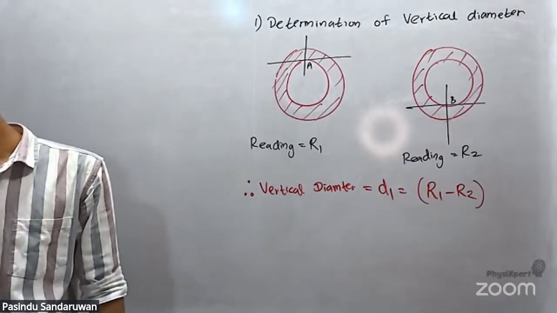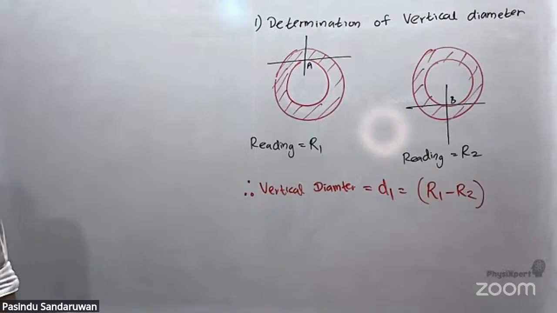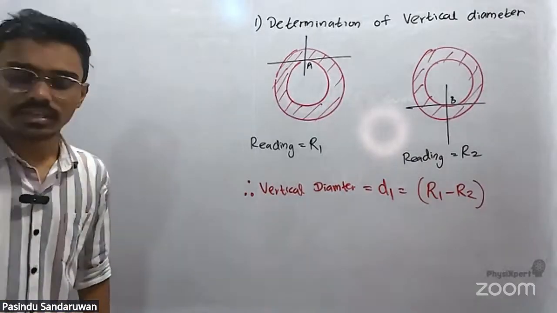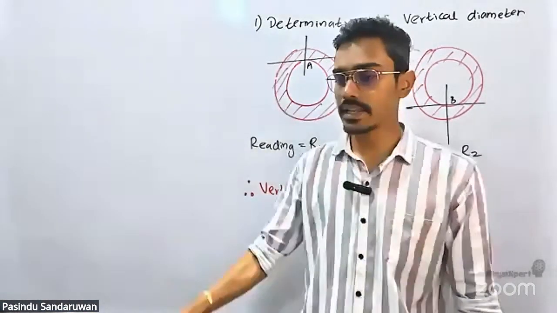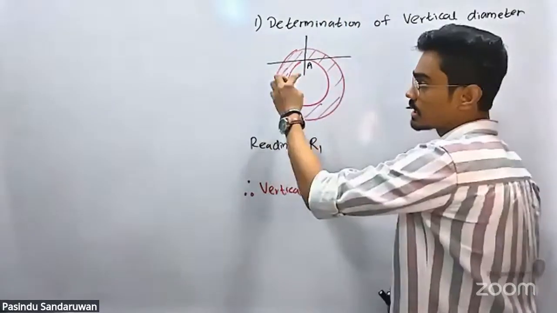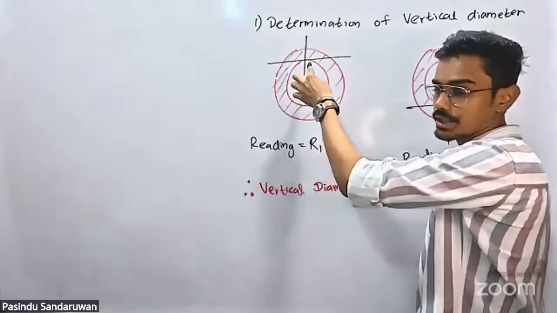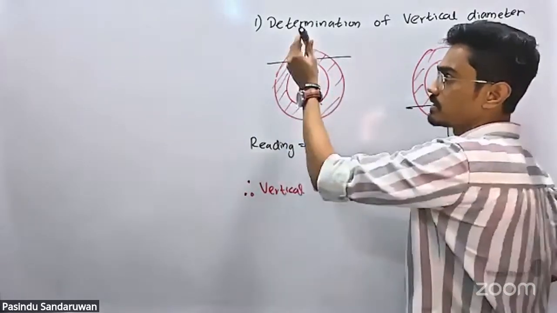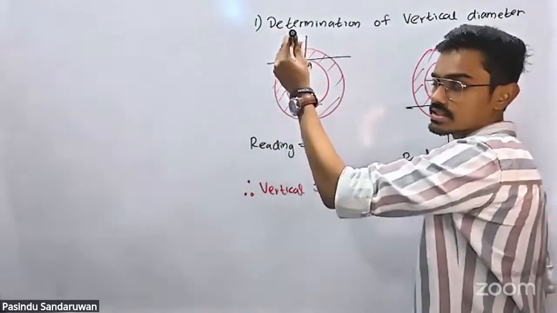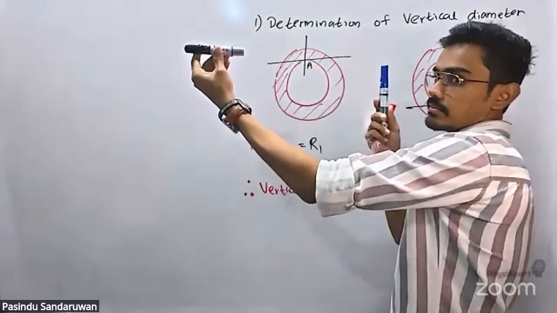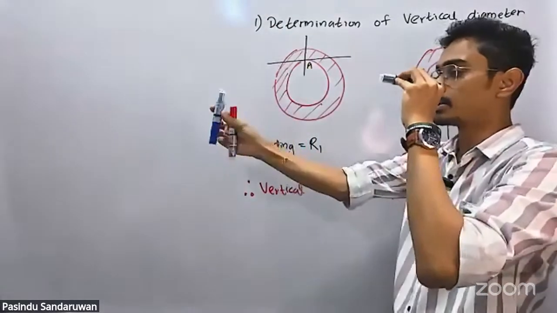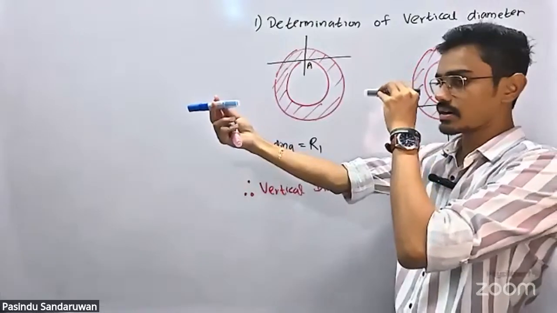Explain it again. Okay. Listen again. Now here initially I have focused the traveling microscope to point A, the topmost point of the rubber tube. The microscope is focused like this, and the rubber tube is on the stand in front of the microscope.